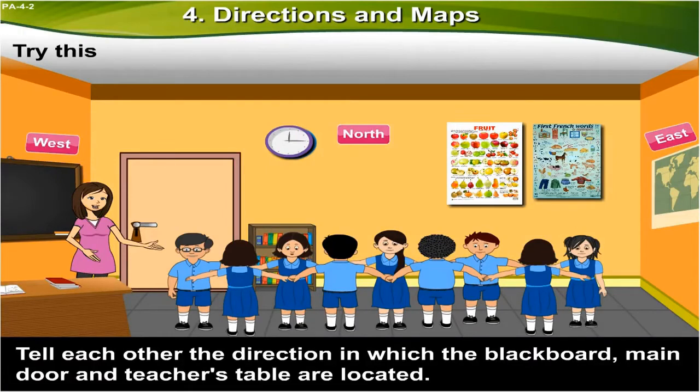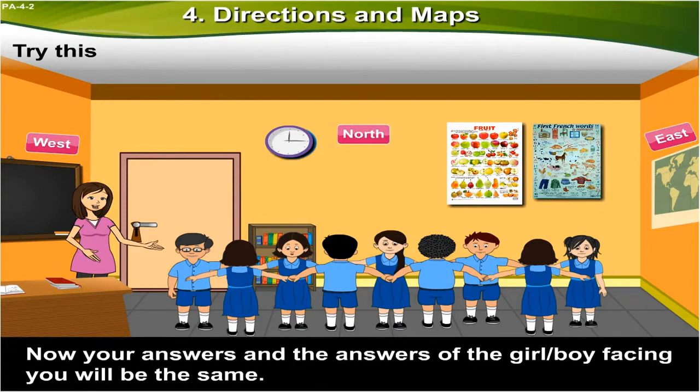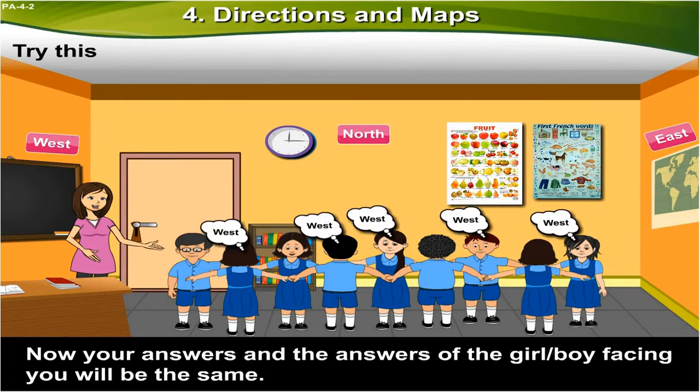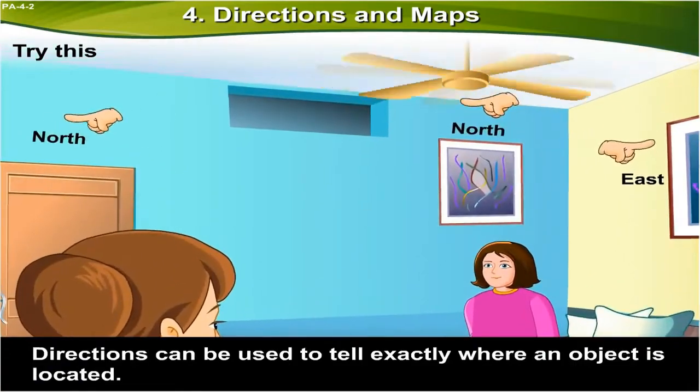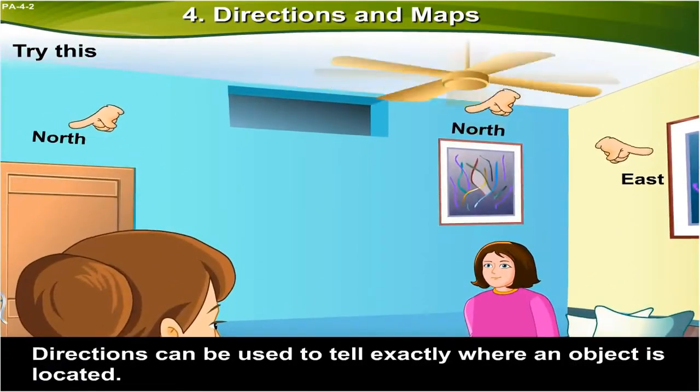Tell each other the direction in which the blackboard, main door, and teacher's table are located. Now use your answers and the answers of the girl or boy facing you will be the same. Directions can be used to tell exactly where an object is located.